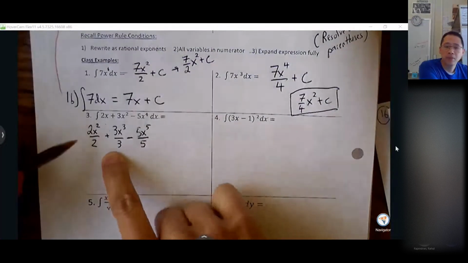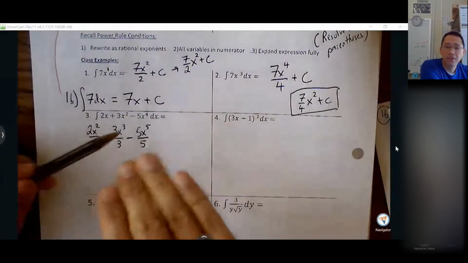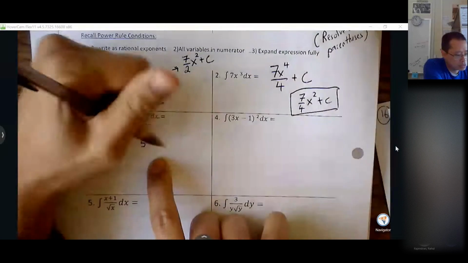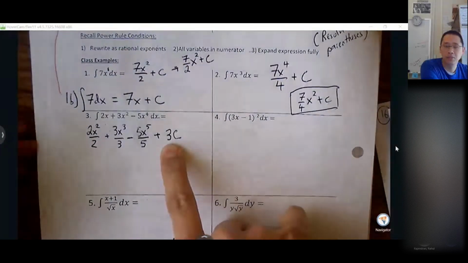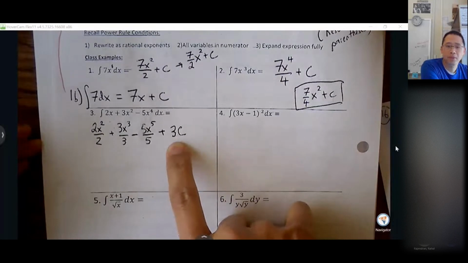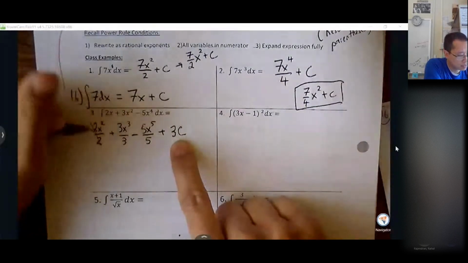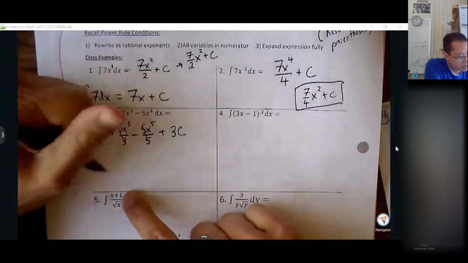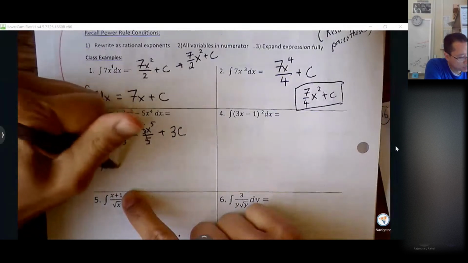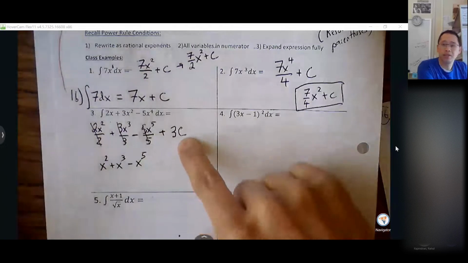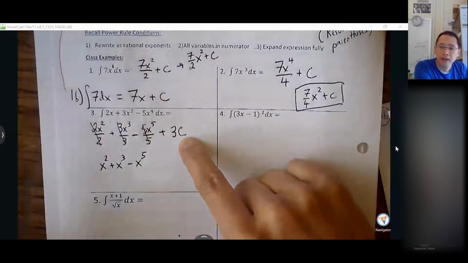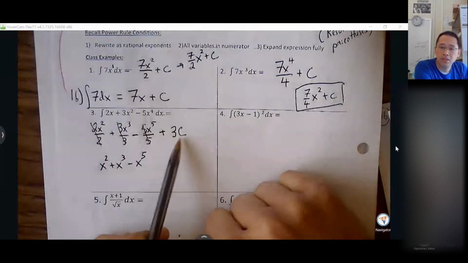Now, you can look at this and say, every term is going to produce a plus c, so we could say this is all just plus 3c. But first off, I can clean up a little bit here. I can get x squared plus x cubed minus x to the 5th. Now, c is a constant, but 3 times a constant is still a what? It's still a constant.